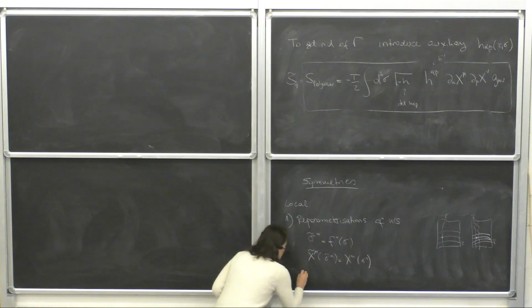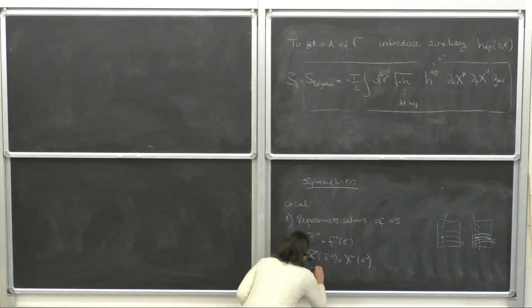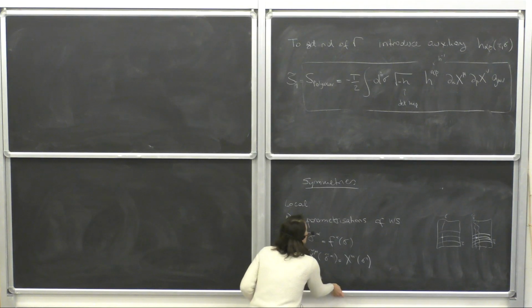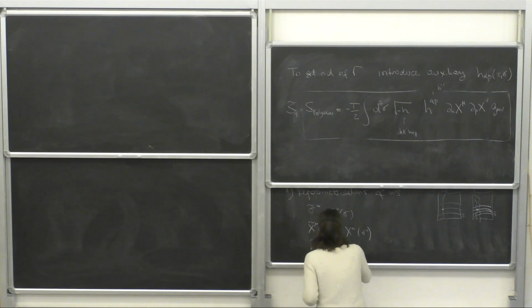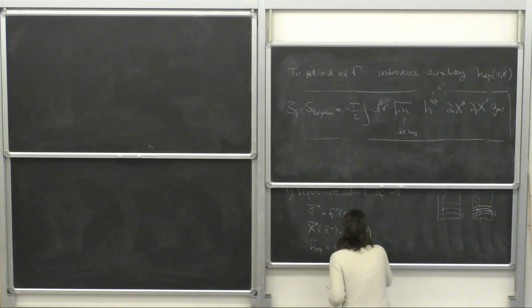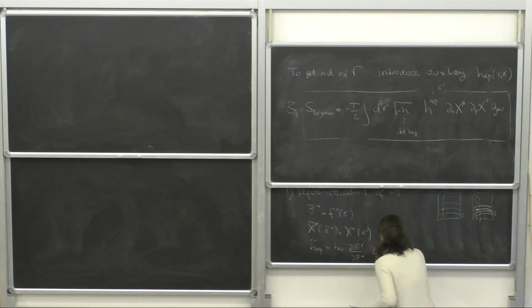And then h_αβ transforms as the metric, so h̃_αβ is equal to h_γλ ∂σ^γ/∂σ̃^α ∂σ^λ/∂σ̃^β.